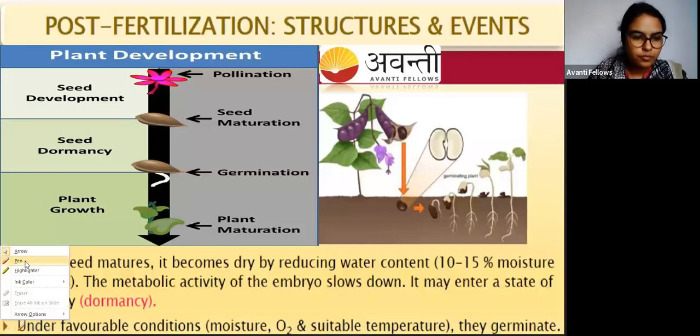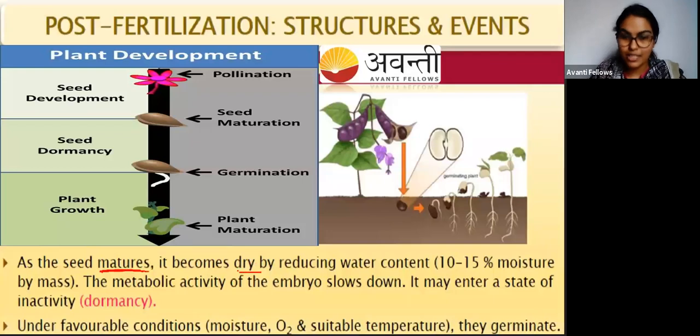See, as the seed matures, it becomes dry by reducing the water content up to 10 to 15%. All the moisture content reduces, so the mass of the seed also reduces.